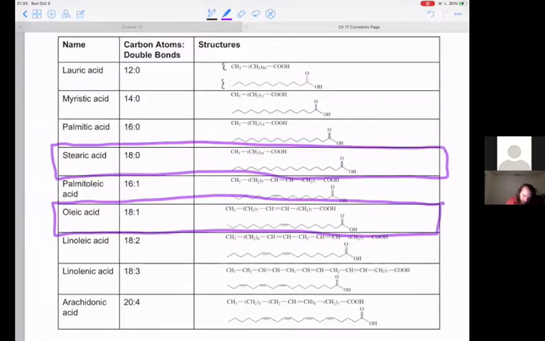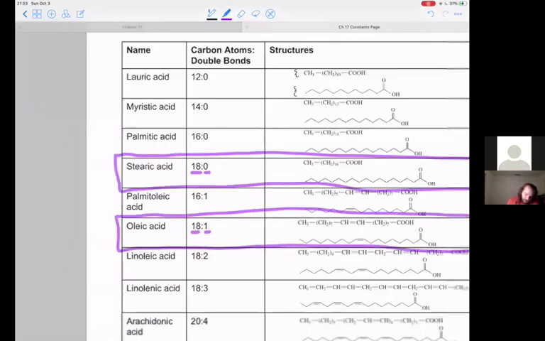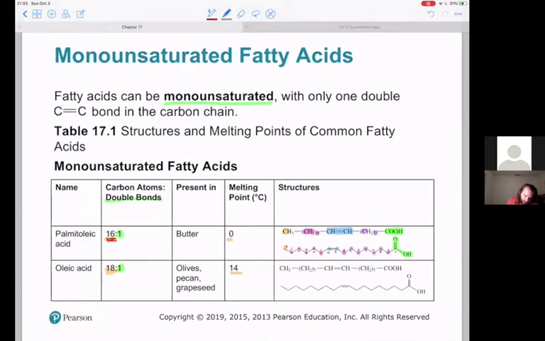Both of these have 18 carbons, but oleic acid has 1 degree of unsaturation, whereas stearic acid has 0, it's saturated. Okay, so let's go and see melting points.